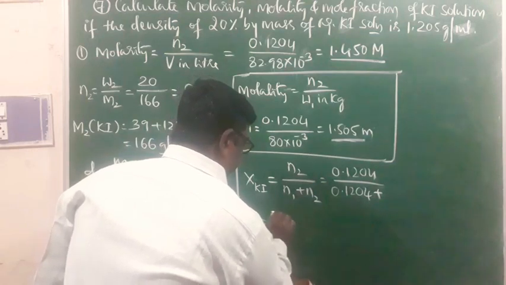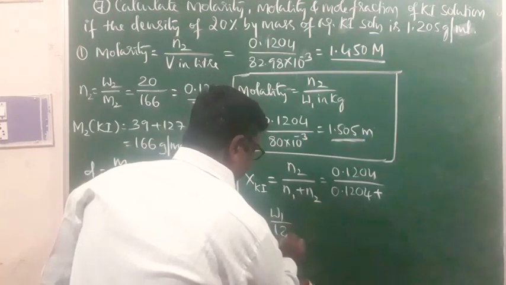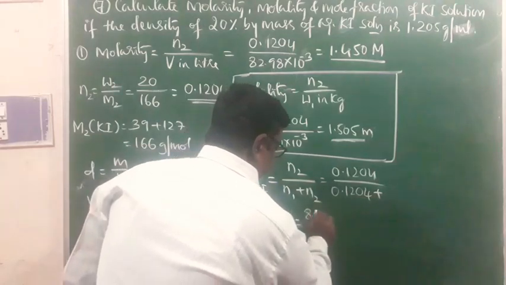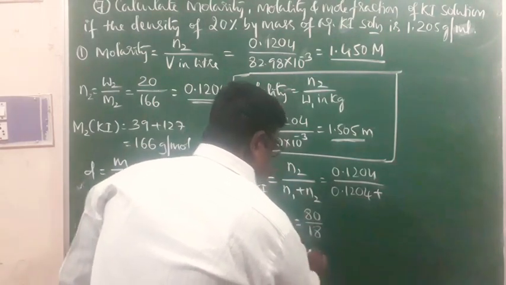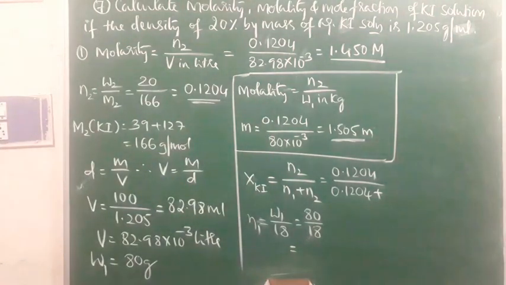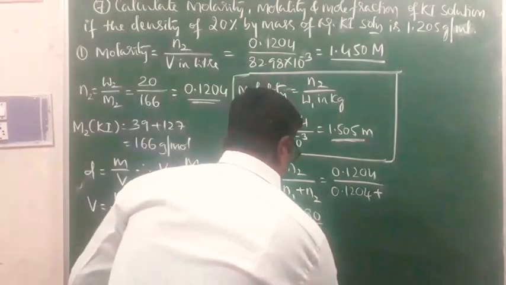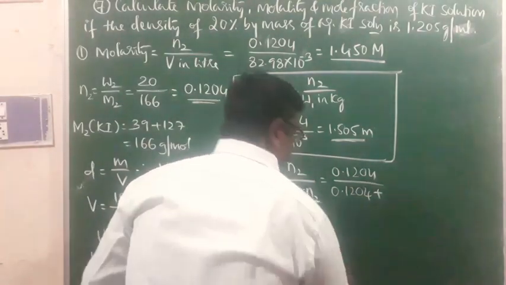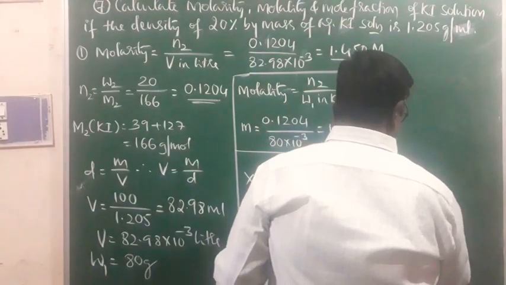Number of moles of water equals mass of water divided by molecular mass 18. The mass of water is 80, because if 20% is KI, the remaining is 80 water. So 80 divided by 18 comes out to be 4.444.